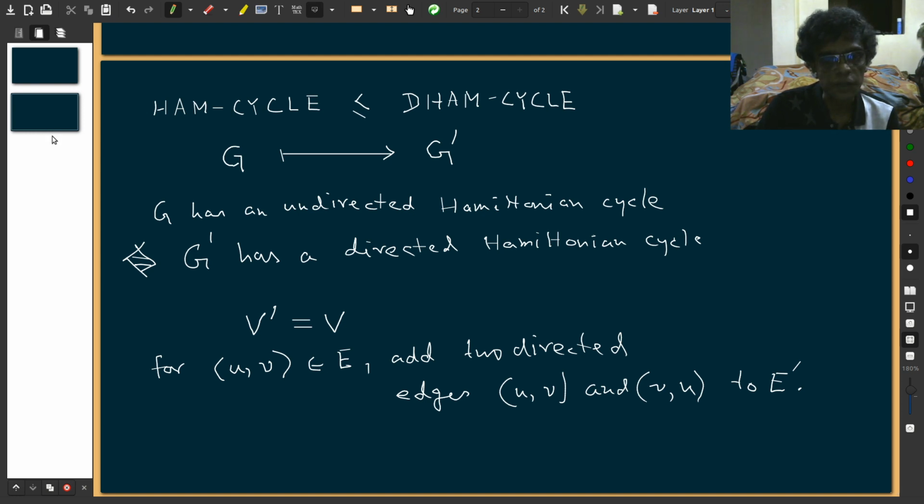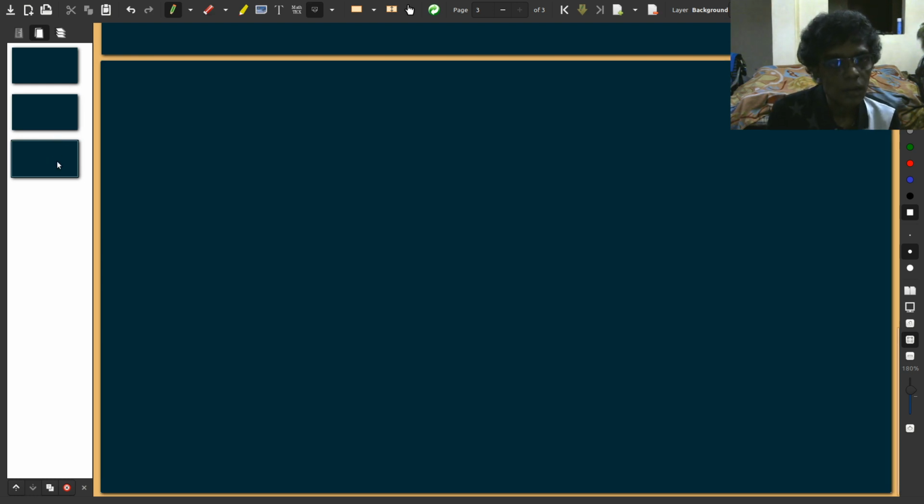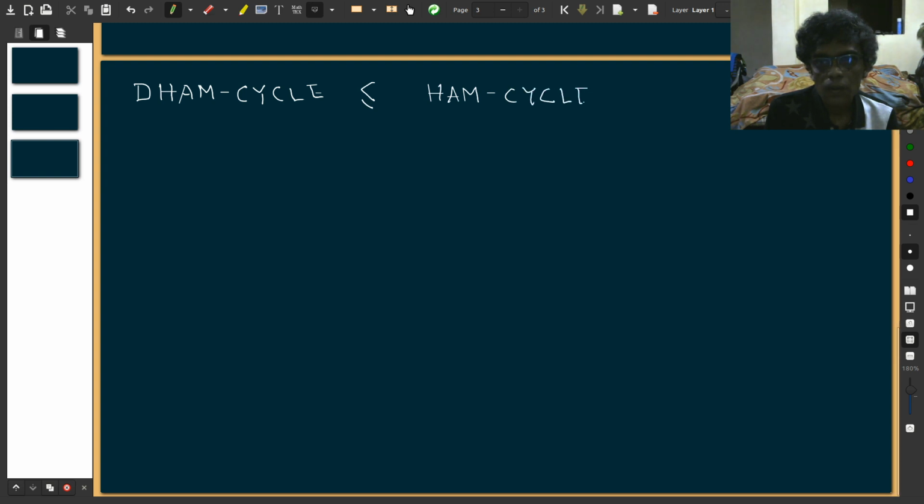This is a little bit trickier. So, directed Hamiltonian cycle reduces in polynomial time to the undirected Hamiltonian cycle problem. So, somehow I have to capture the notion of direction in an undirected graph.